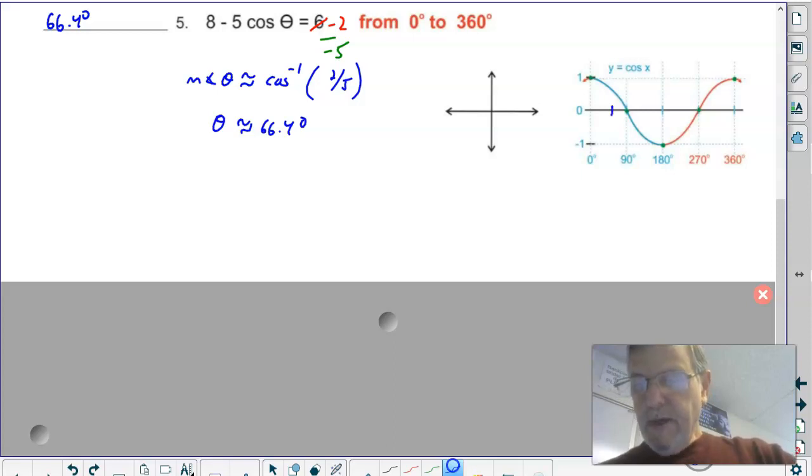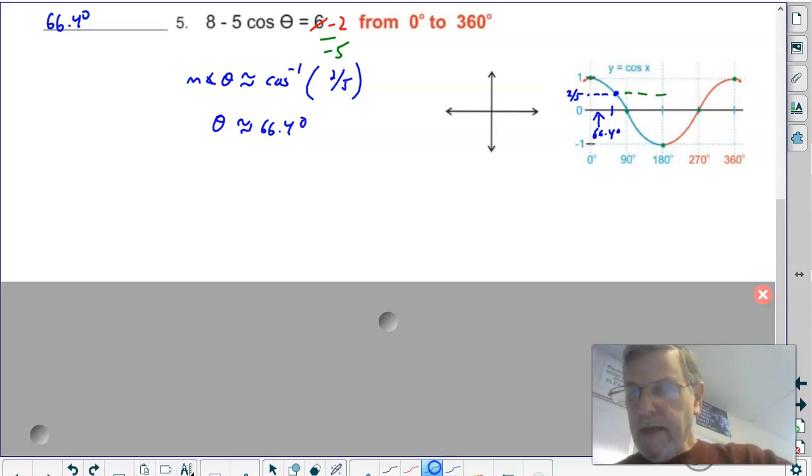66.4, somewhere about in here, right? And this value right in here is the 66.4 degrees, right? Right here, and again, just for clarity, there was your 2/5 value, right? That produced the angle of 66.4 degrees. Where's our second angle? Going over to here.